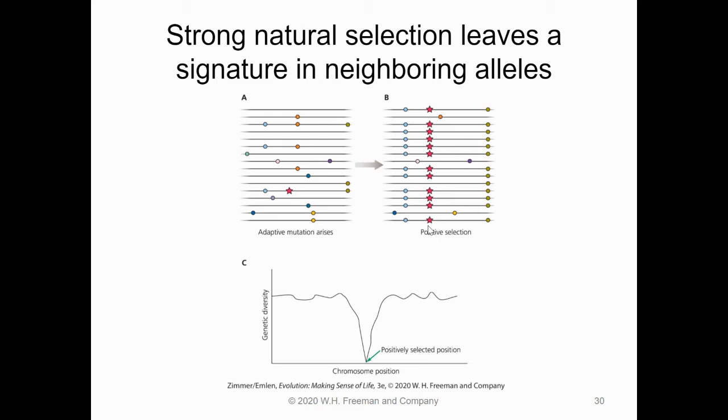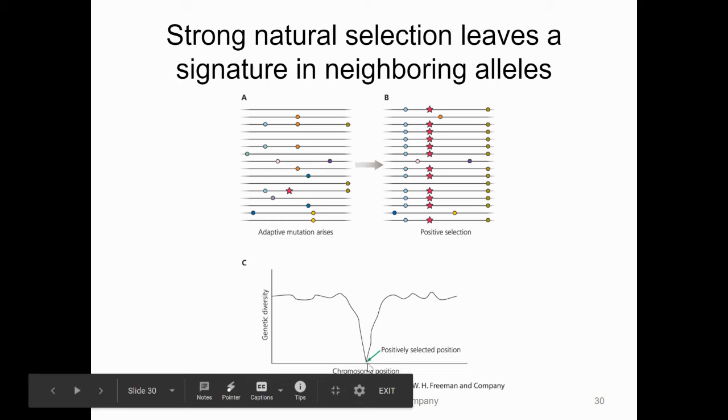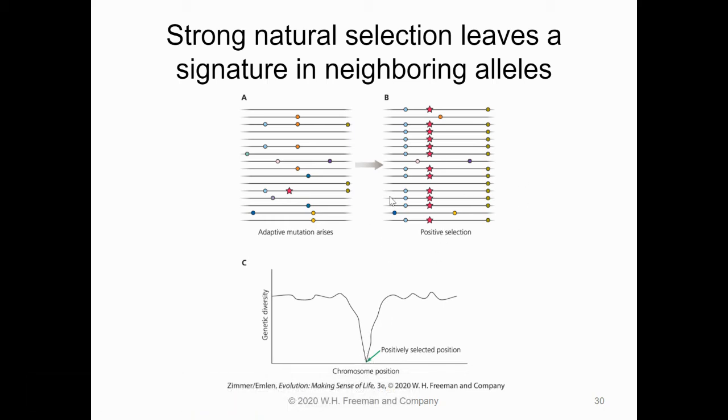And then what we find is that these alleles for the different loci travel along with the star. So all of the stars also have the blue and they have the green. This suggests that this region of the gene has been selected for, and that there hasn't been enough time for recombination to break this apart.